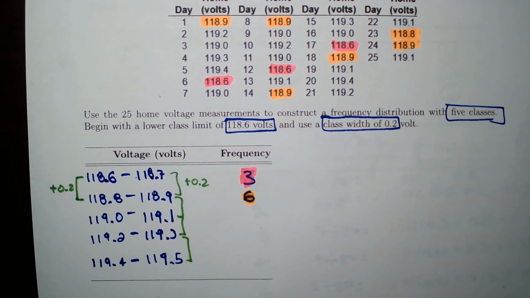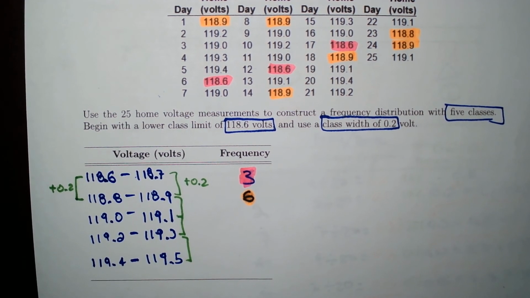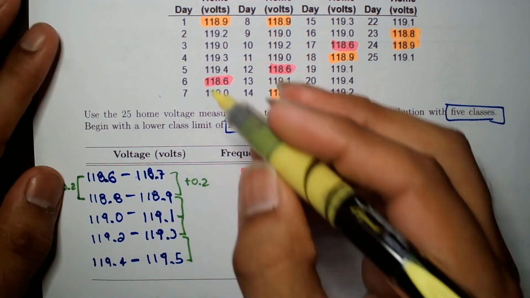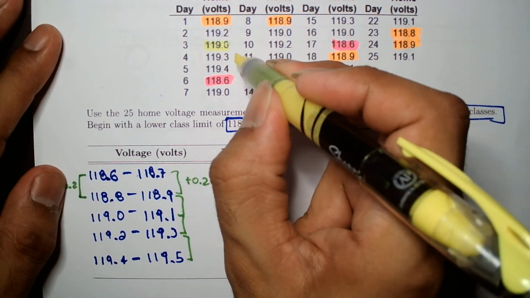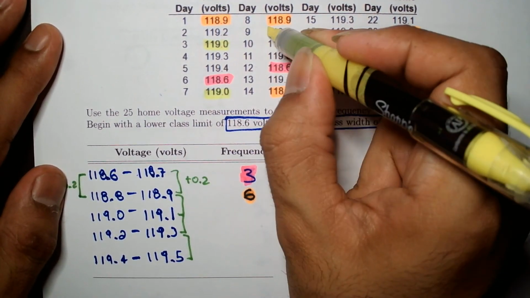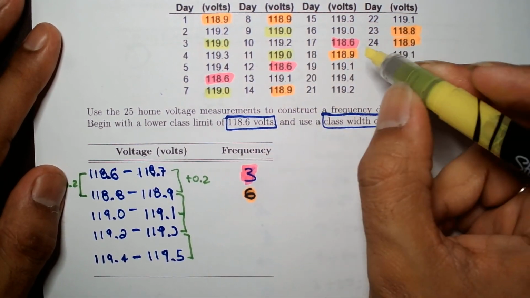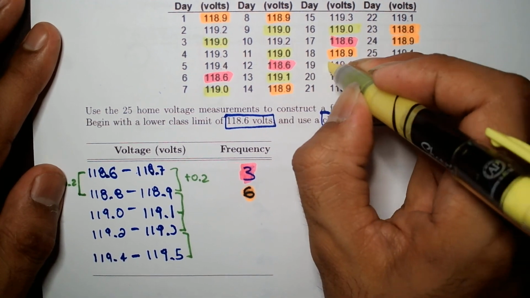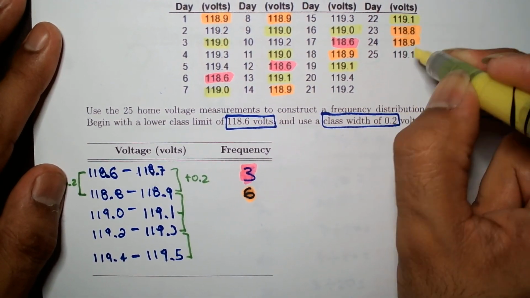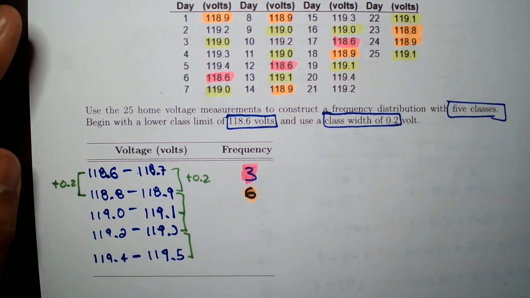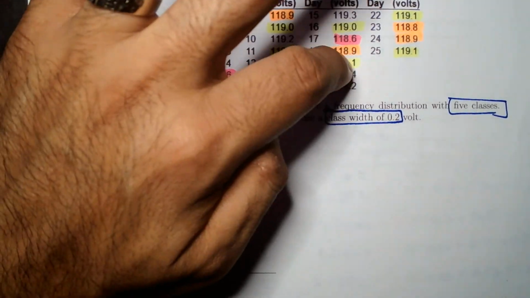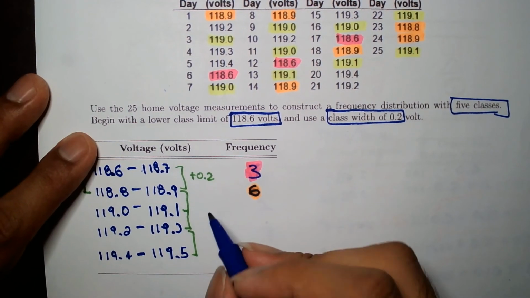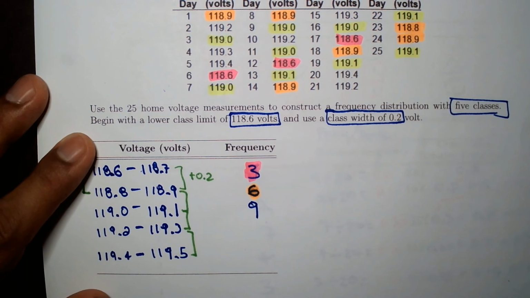Let's do another color for 119.0 and 119.1. We have 119.0, 119.0, 119.0, 119.0, 119.1, 119.0, 119.1, 119.1, 119.1. We have a total of 1, 2, 3, 4, 5, 6, 7, 8, 9. So 9.